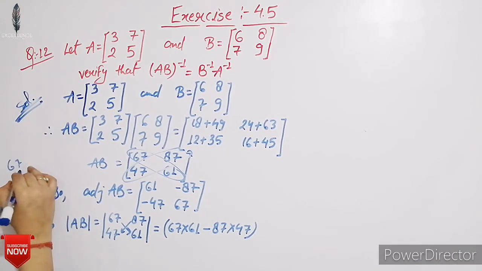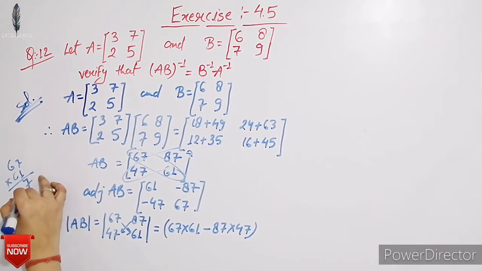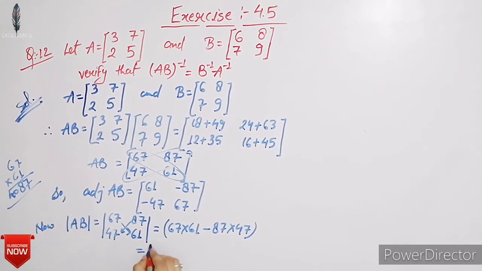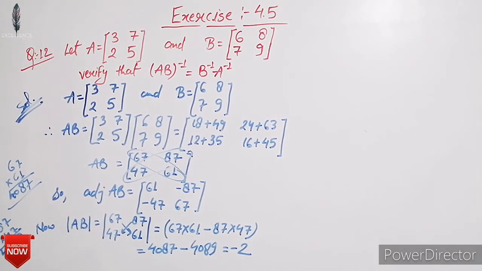On solving, 67 into 61 is 4087, and 87 into 47 is 4089. On subtracting, we have the determinant of AB is minus 2.